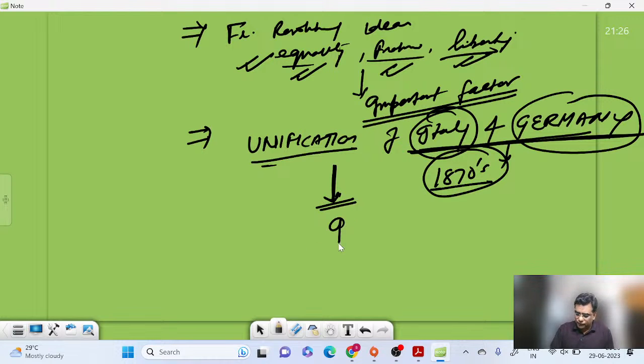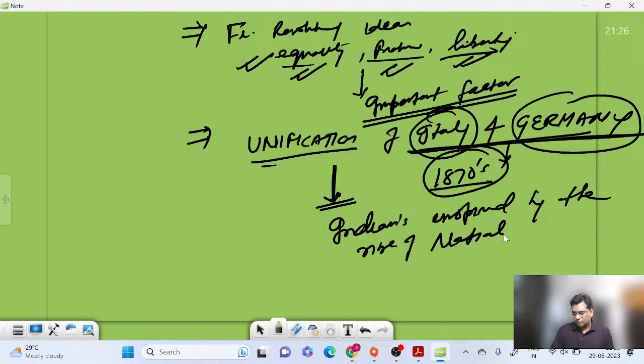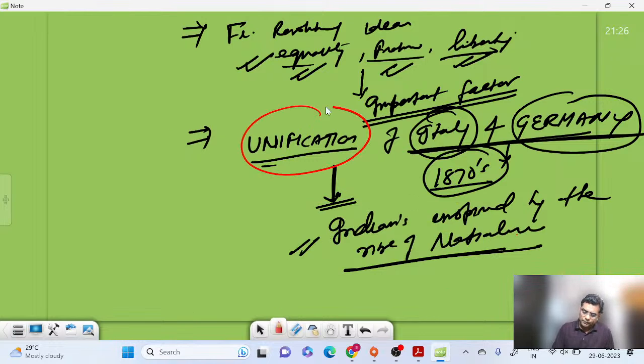Indians were also very much inspired by the rise of nationalism of these states. Okay, so the rise of all these things.